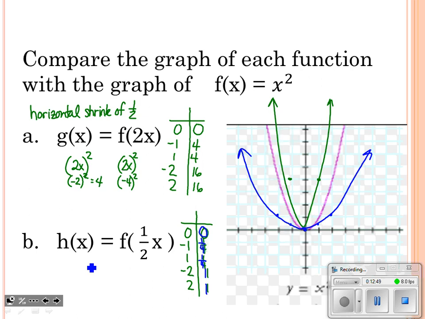So it is a horizontal stretch of times 2. It is twice as wide as the parent function. It horizontally stretched twice the width. Okay, so horizontal stretch of times 2.